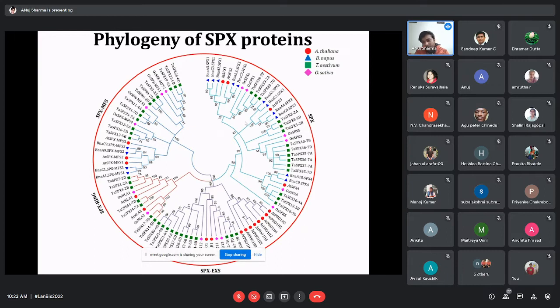Now we can say they are closely associated with rice, because rice is a monocot, and they are closely associated with each other based on a common ancestor. So these gene family members show a close relationship with rice SPX as compared to Brassica or Arabidopsis, because those belong to dicots.